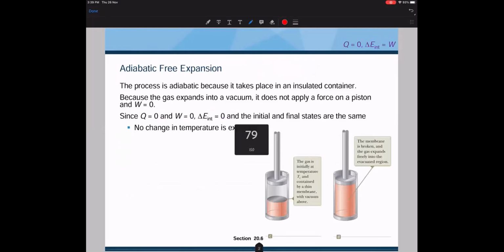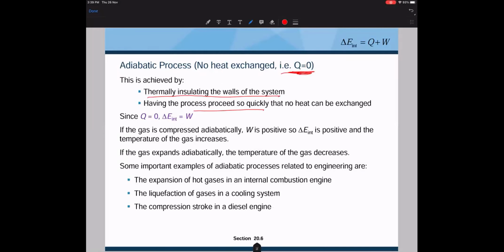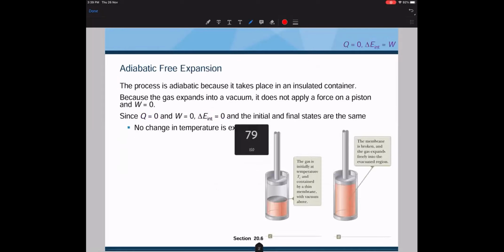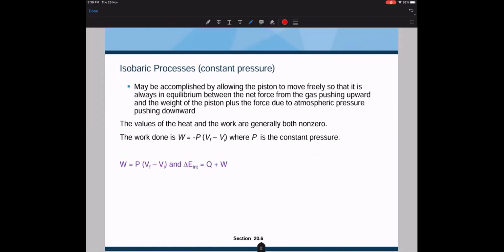And the other 3 special processes, they are isobaric process, which in the PV diagram is easy to understand. Iso means equal. Baric refers to pressure, so constant pressure process.